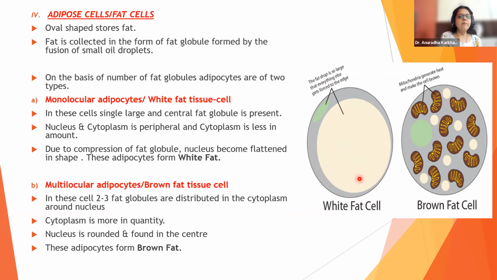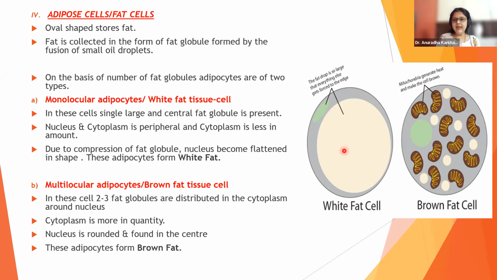In these cells, the nucleus in the cytoplasm is towards the periphery. Cytoplasm is less in amount. Due to compression of fat globule, the nucleus becomes flattened. You can see how the nucleus has got compressed. These adipocytes form white fat. So this we call a white fat cell.